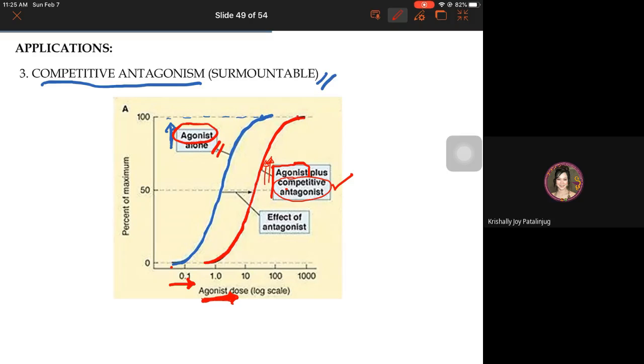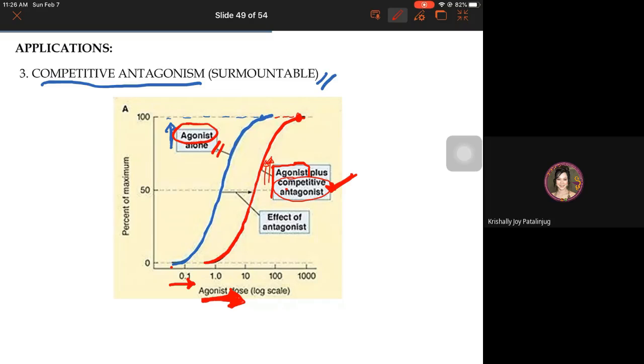That is why the effect of the agonist is the same. It still attains the same maximal effect. It only shifted to the right, knowing that we have to increase the dose of the agonist in order to overcome the effect of this competitive antagonist.